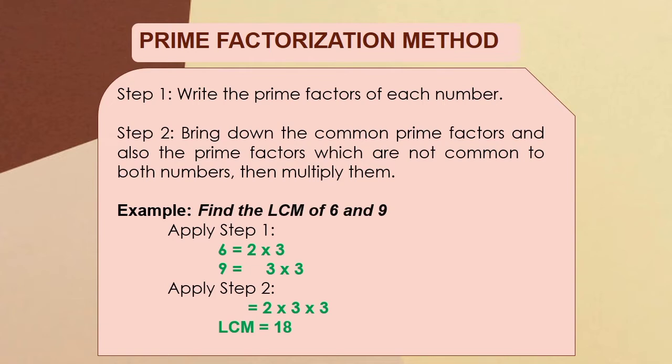So, the prime factors are 2 times 3 times 3. So, let's multiply: 2 times 3 equals 6 and 6 times 3 equals 18. Therefore, the LCM of 6 and 9 is 18.